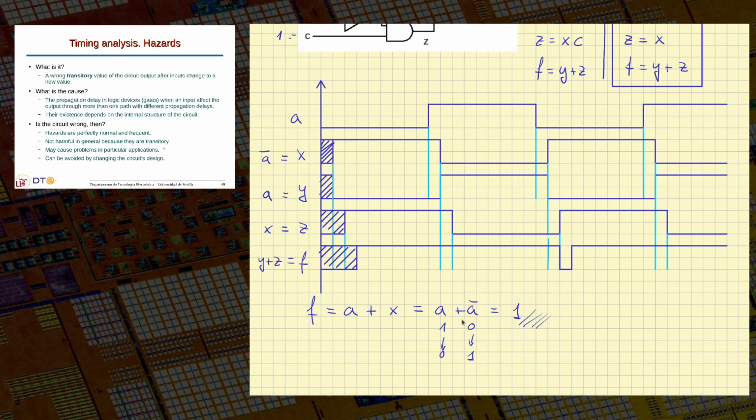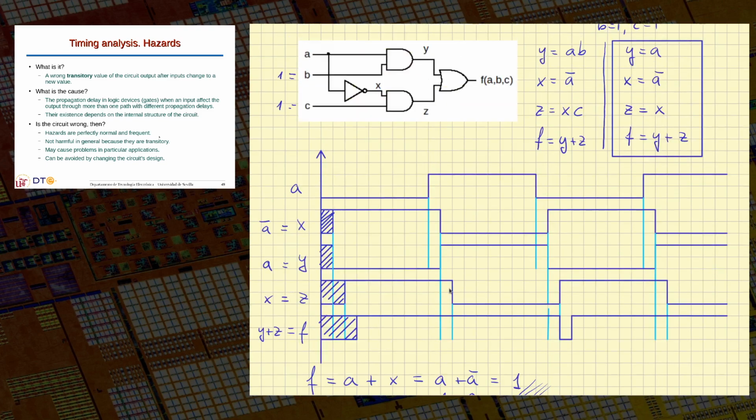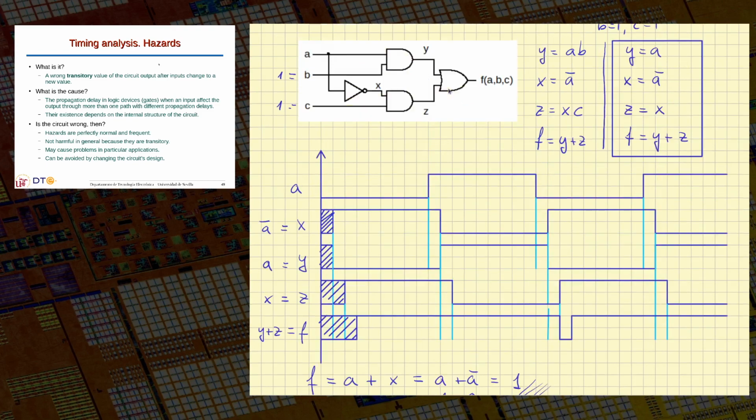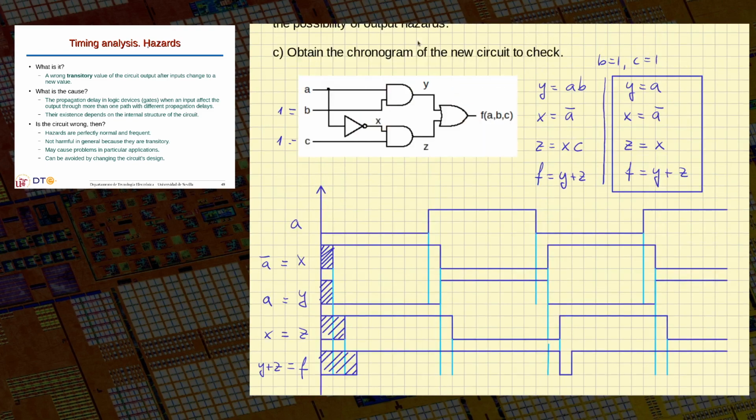To see that, the easiest way, in simple circuits, is to take a look at the Karnaugh map. For that, we need the full expression of f here. Okay, let's calculate the full expression.